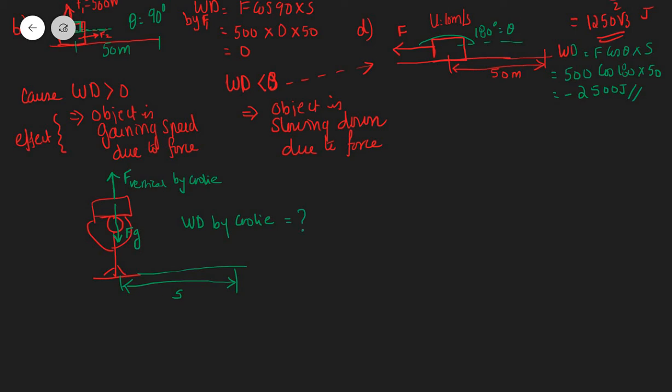So first of all, this question is incomplete. The question should be, what is the work done by the coolie's force, F vertical? And so that obviously is going to be 0, because F vertical cos 90 into S is equal to 0.